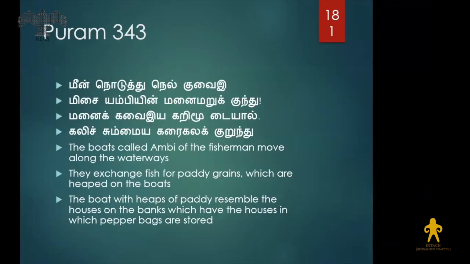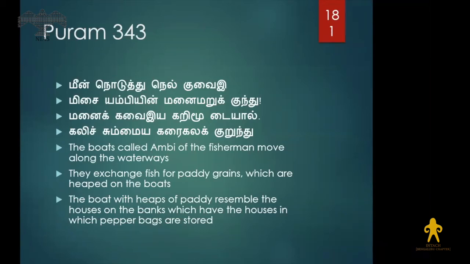The boats called Ampi were exchanging fish for paddy, and the paddy is heaped on the boat, and the houses were filled with pepper bags. So these boats with heaps of paddy resembled the houses with pepper bags, and the houses with pepper bags resembled the boats with rice heaps.